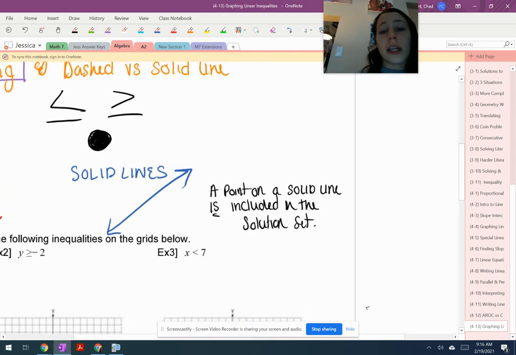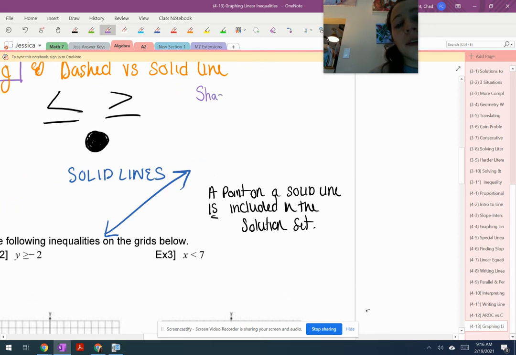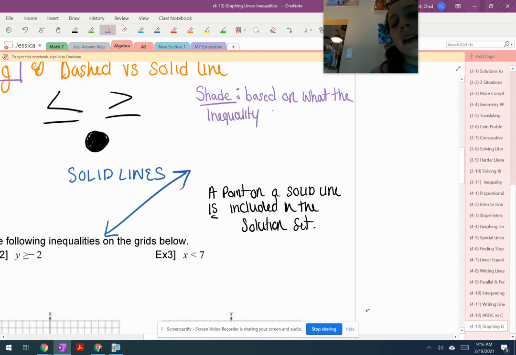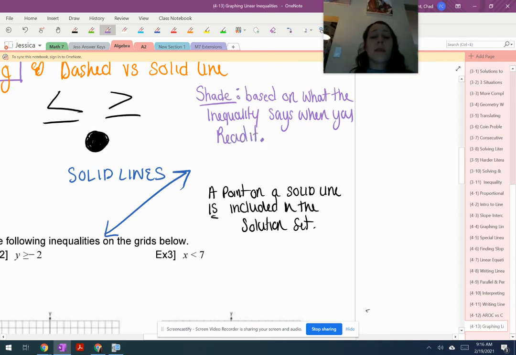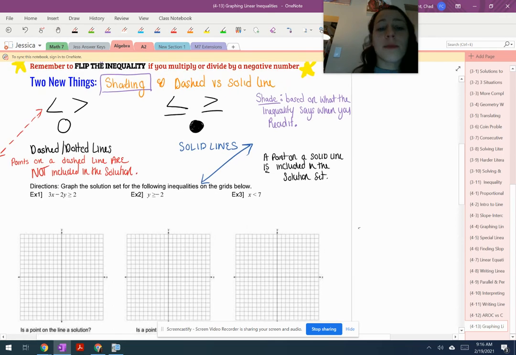When we're talking about the shading, you're going to shade based on what the inequality says when you read it. So that will make more sense when we look at some examples. But if you're dealing with a less than or equal to, you would be shading where the points in the numbers are getting less than or equal to that point, which would be below, making sense.